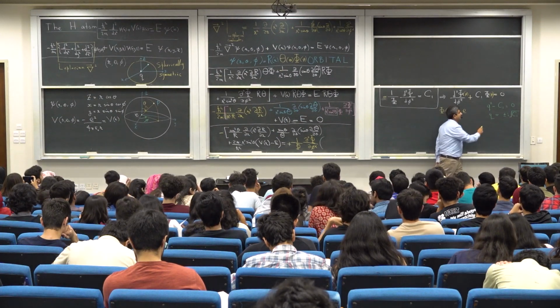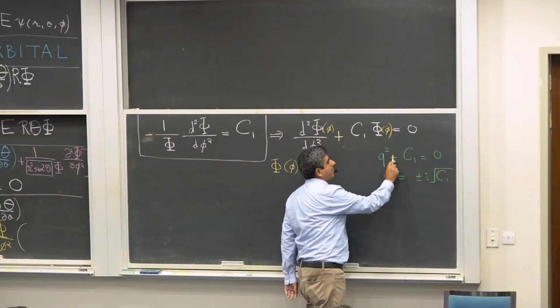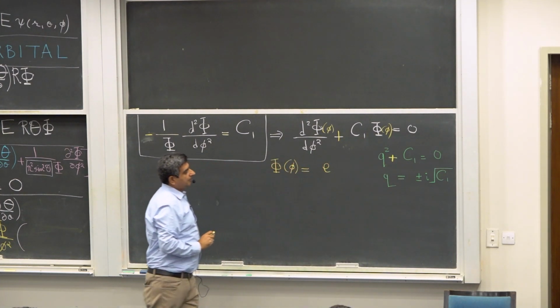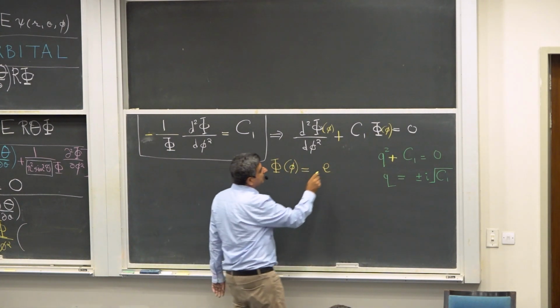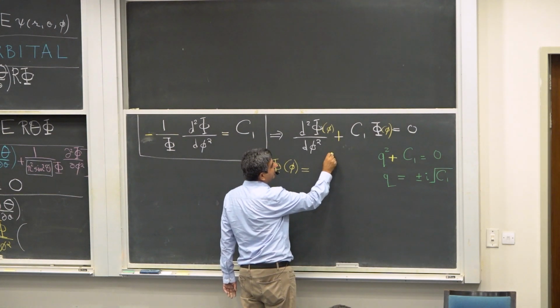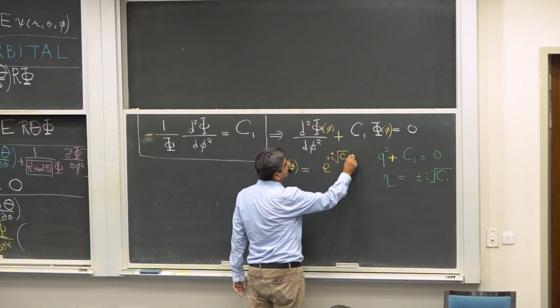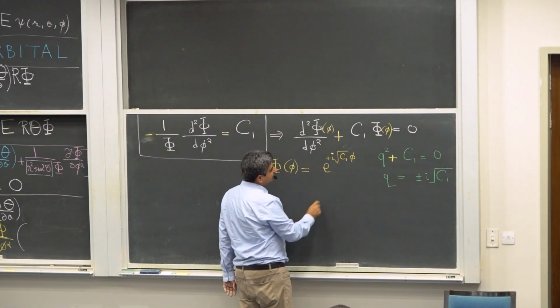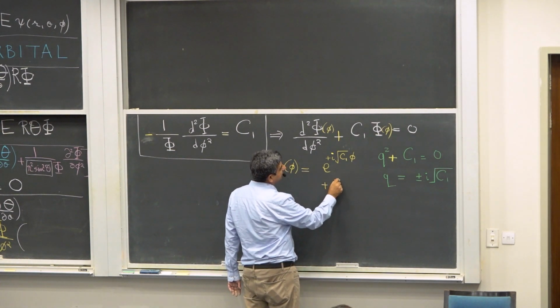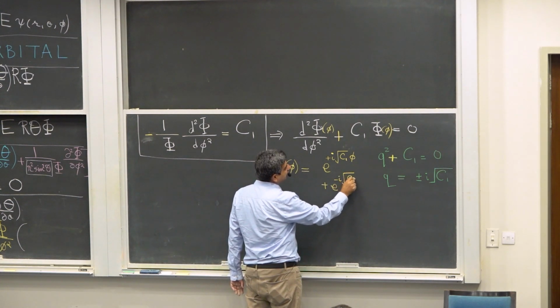All right, there's a minus sign. So the solution will be E plus iota under root C1 phi plus E minus iota under root C1 phi.